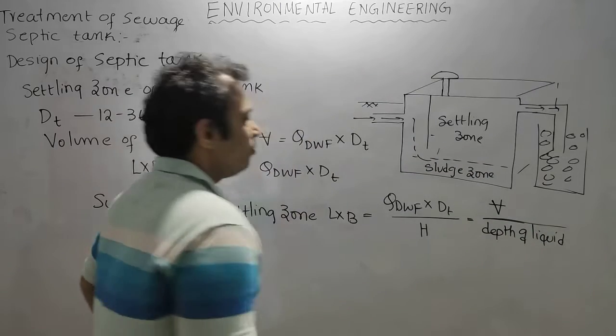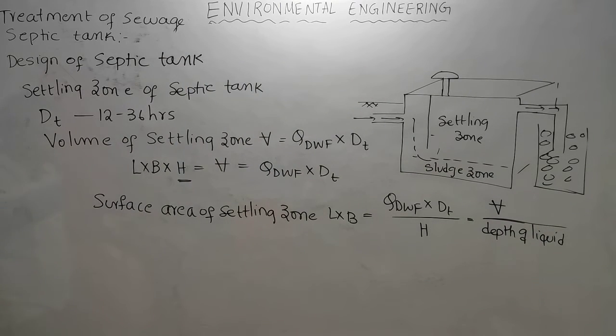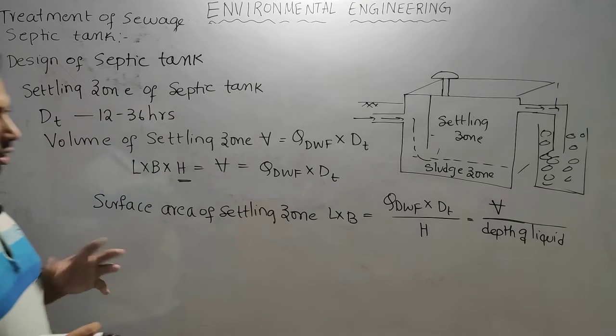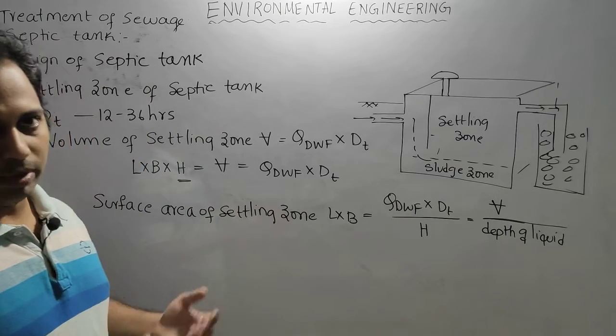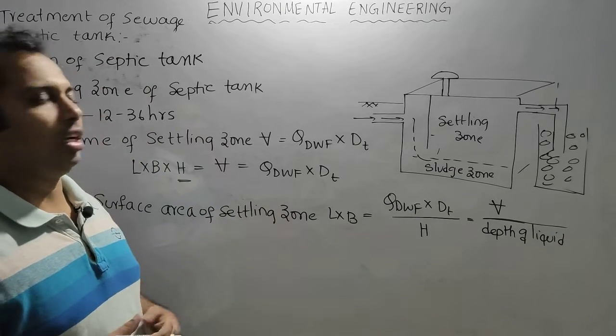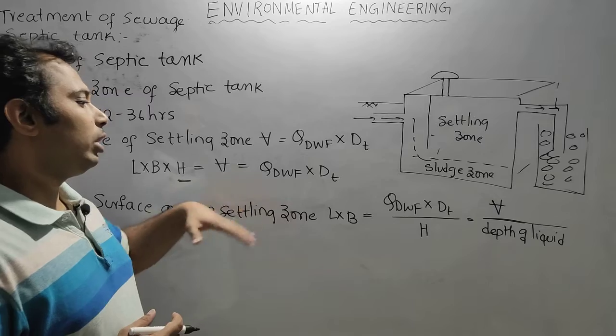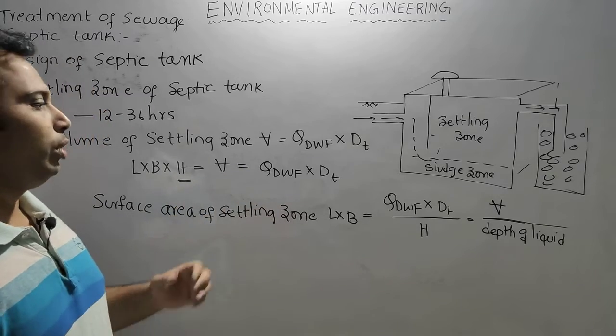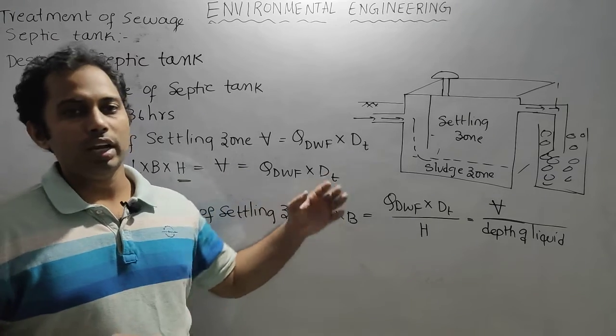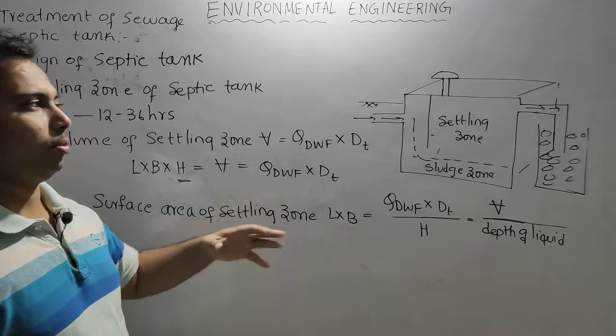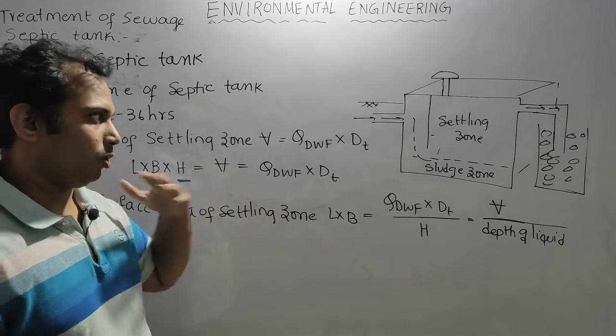So this is the design of the settling zone. Design means getting the dimensions. Since we know the surface area, we can assume a suitable length and width for this settling zone.